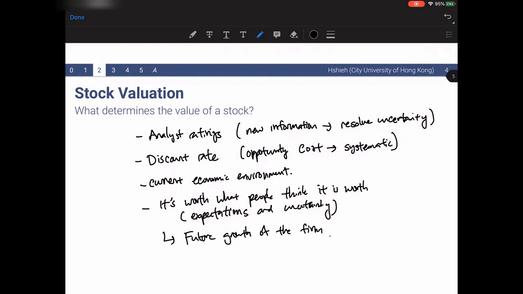All right, so as you can see, there's many ways in which stocks can be changed through uncertainty, new information about the firm, or macro effects, and so forth. And so what we need to do is impose a little bit more structure to give us a framework to think about stock valuation to make it a little bit easier for us, right? We don't want to have too many switches and knobs that make the model too complicated.